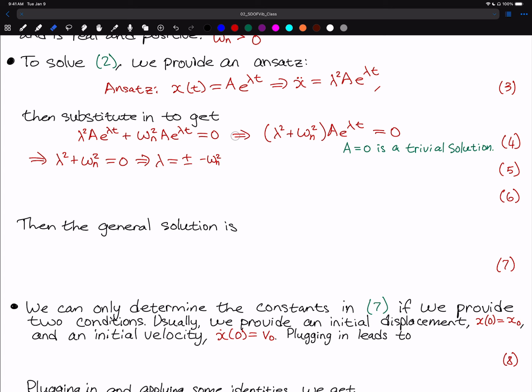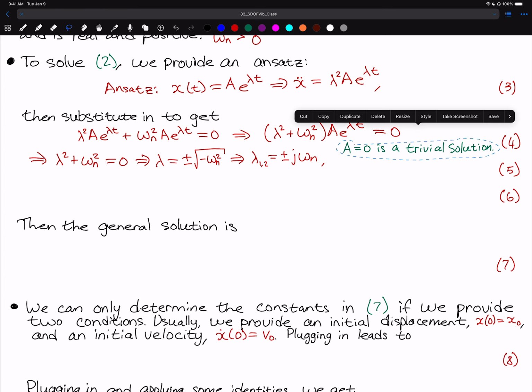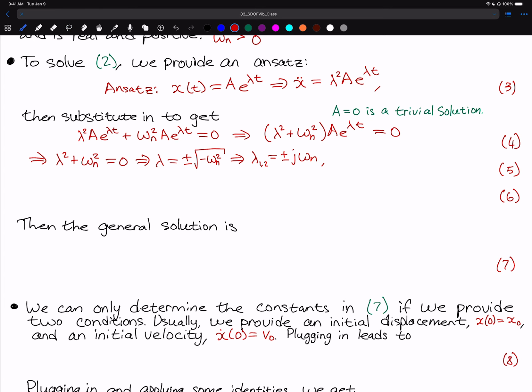I'm going to rewrite my square root just to fit everything in there. And from here, first of all, we're going to get two solutions. Lambda 1, 2 will be equal to plus or minus j omega n. In this class, we're going to use j to represent the imaginary constant, or the square root of minus 1.